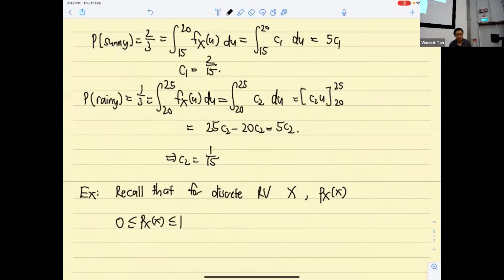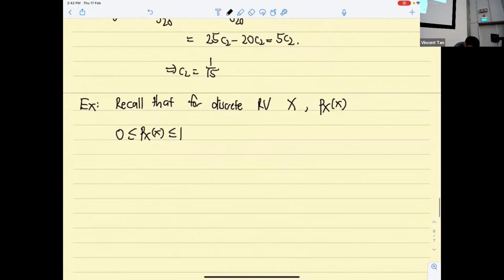Now, this is very different, as I mentioned, in the continuous land, because the moral of this example is that the PDF can be arbitrarily large.